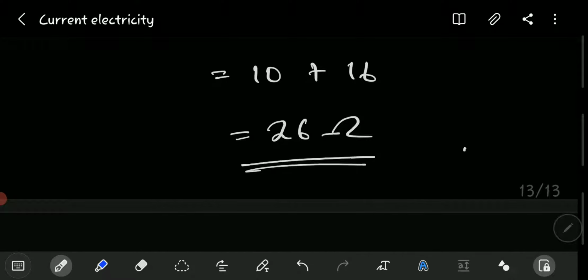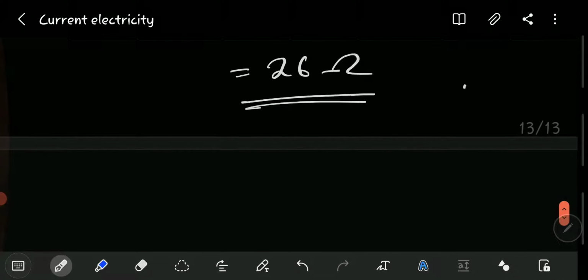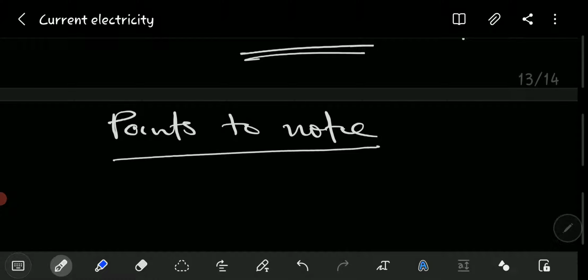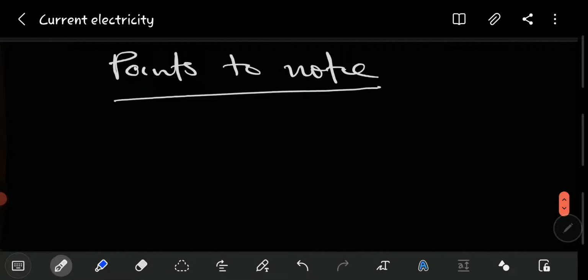These are very important. Take note. So, points to note on resistors in series.